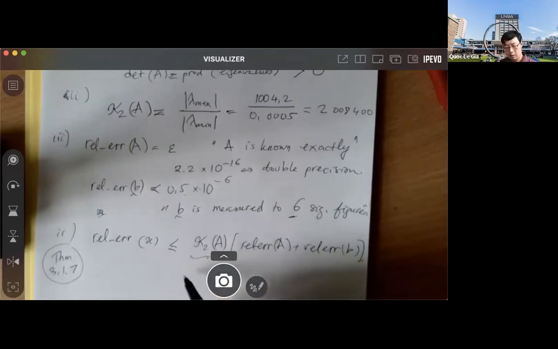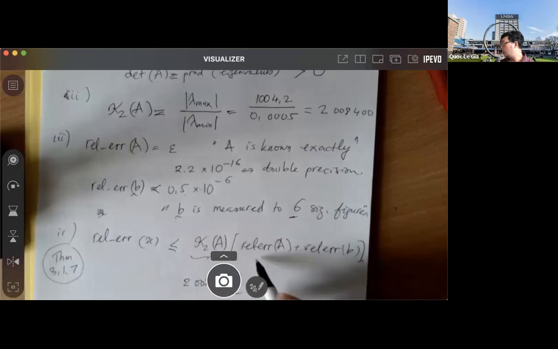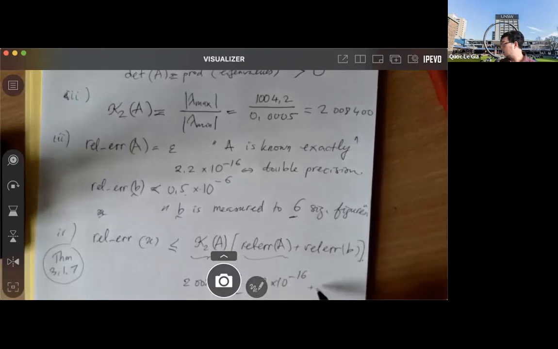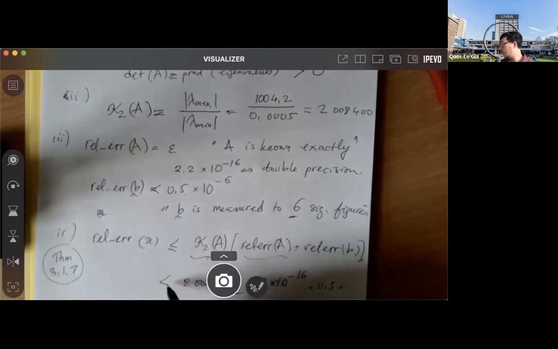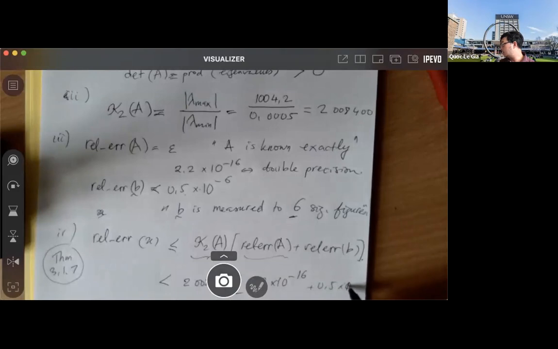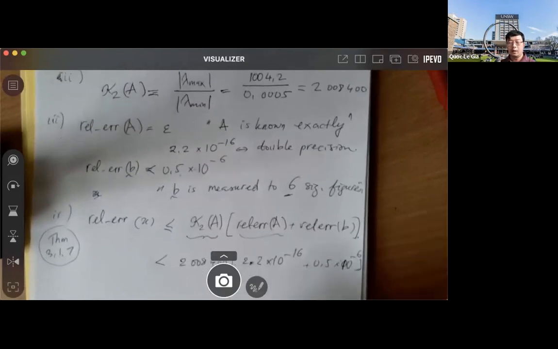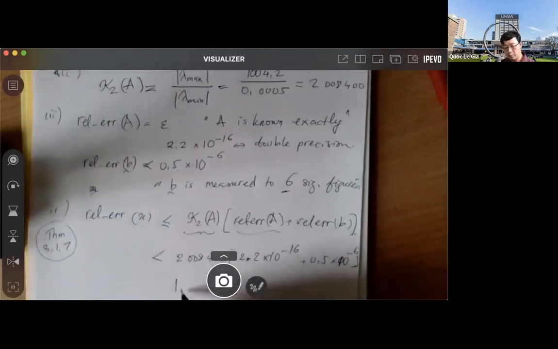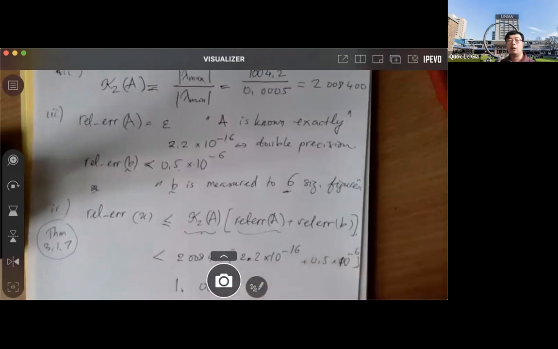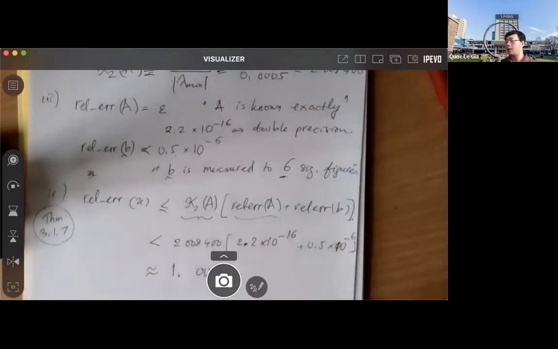This one is 2,008,400, then 2.2 times 10 to the minus 16, and this one is 0.5 times 10 to the minus 6. Put it in the calculator and you get about 1.0042.